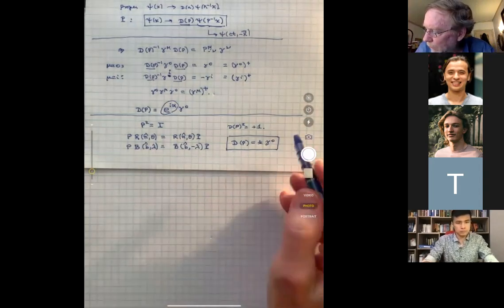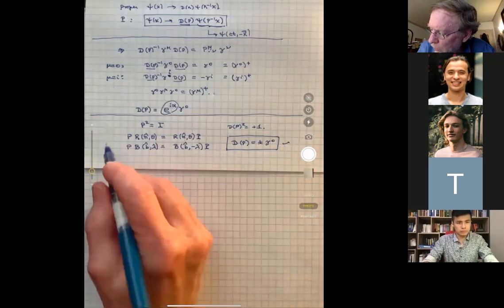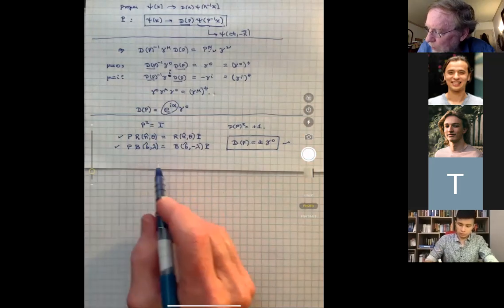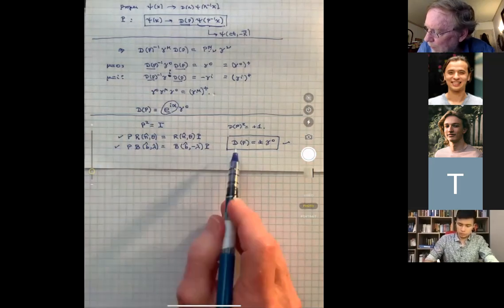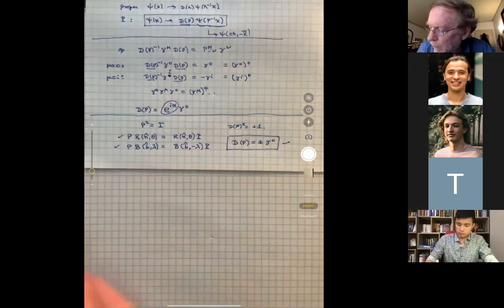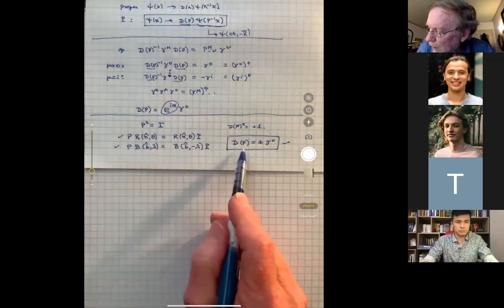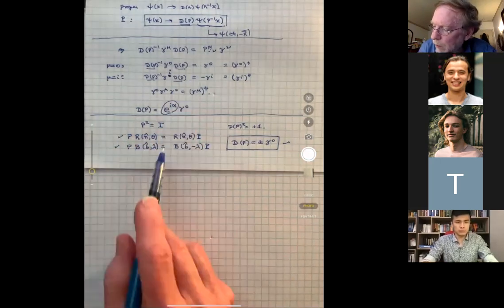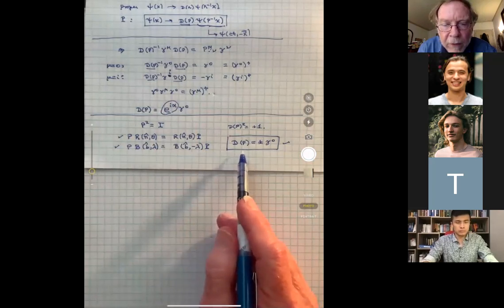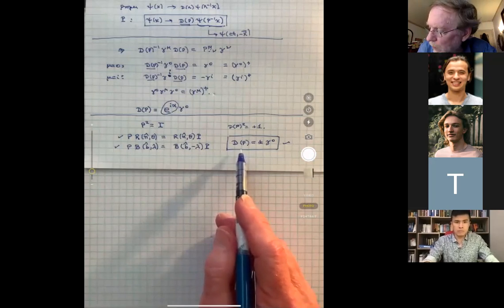You can show that with this form of D of P, these two properties are preserved in the representation. For example, replace P by D of P and rotations and boosts by the corresponding D matrices, and you'll find these equations work out. So, based on the criteria that we've laid down, this is a completely satisfactory definition of the spin part of the parity transformation for the Dirac wave function.